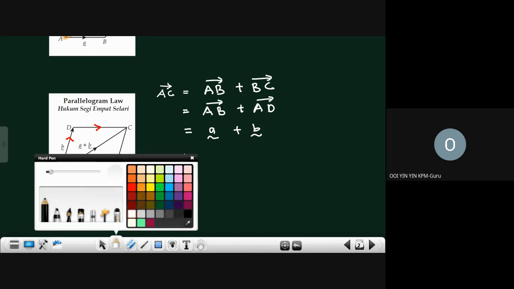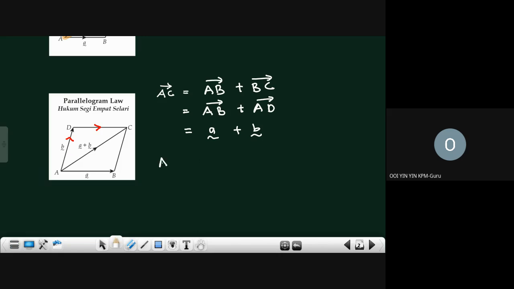So same go for here. I can write AC. Then this time I go in the direction of AD and then plus DC. Yeah, like I told you just now, beginning at A and ending at C. Okay, 开头 A, 尾是 C, 结尾. Then come, your AD is no problem.